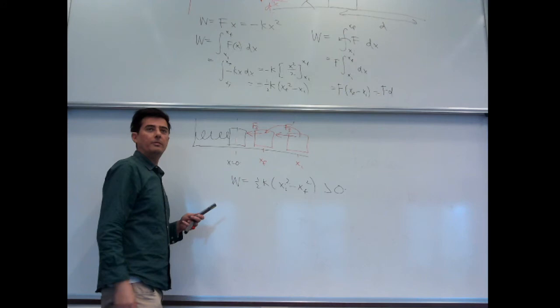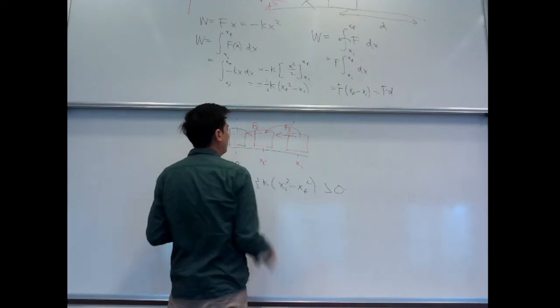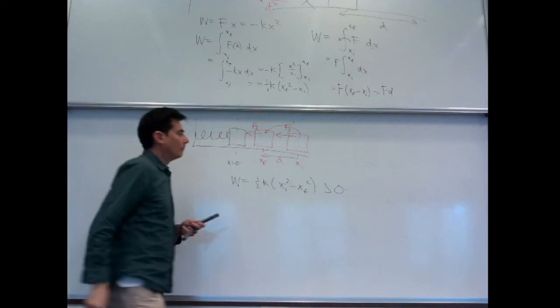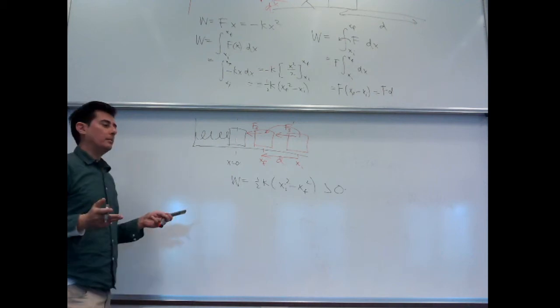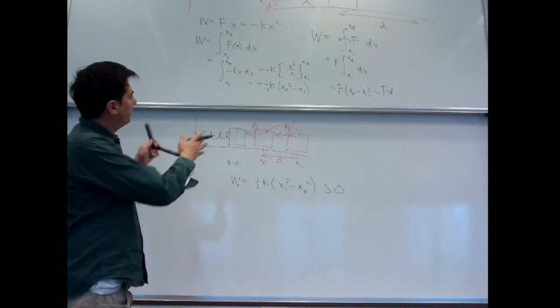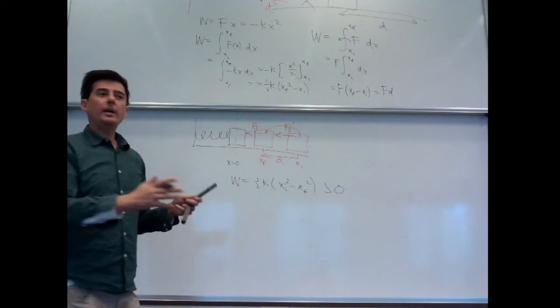So the force is this way, and the displacement is also this way. Work is force times distance, basically. The proper way to do it is the integral, but we can get a rough idea of whether it's positive or negative just by looking at the directions. So if the force and the distance are in the same direction, then what is the work going to be?